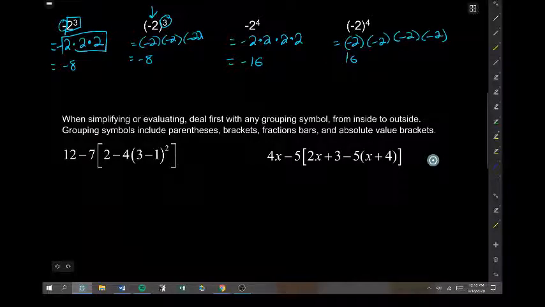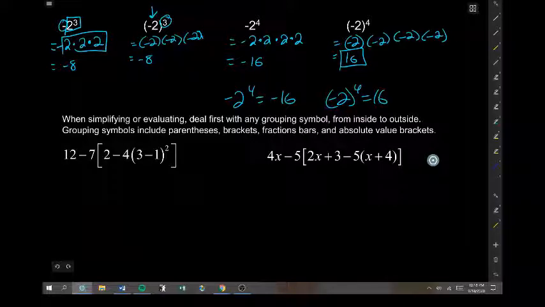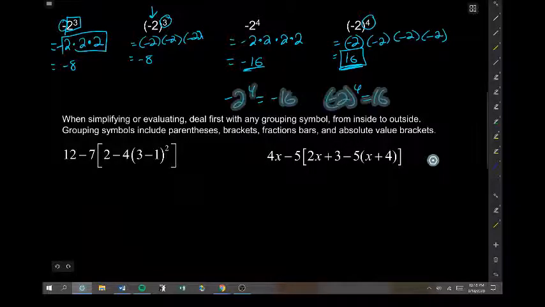You need to be extremely aware and careful of where the negative is with the parentheses and the powers, especially if you try to type it into your calculator. If you ever use a calculator and type this in, you'll get out -16, but what you probably wanted was positive 16. So be aware of that. If the power is even, there's a potential that these come out positive or negative. If the power was odd, they'll just be negative.